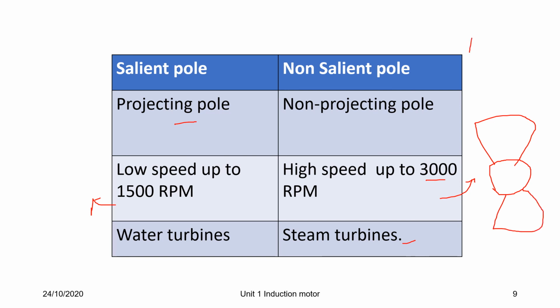We studied that in the synchronous motor Ns equals 120 f over P. So the number of poles is only 2 for a frequency of 50 Hz, and you get a synchronous speed of 3000 RPM. So for running the turbine at high speed, we go for the non-salient pole rotor.